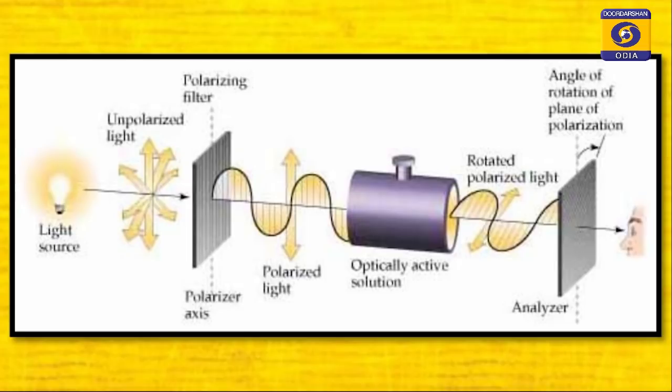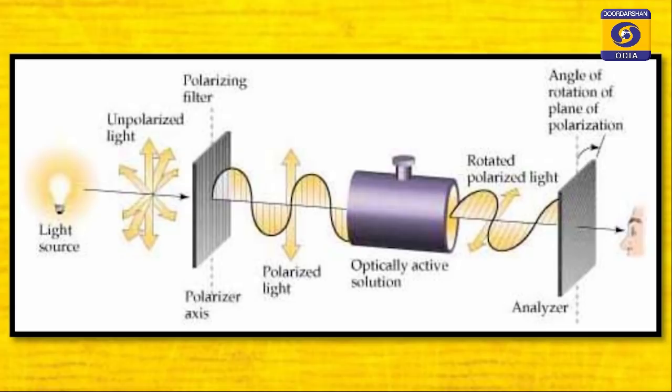This is a source, and this source produces light which is unpolarized, meaning the planes of the light wave are in all directions. So, this is unpolarized light.